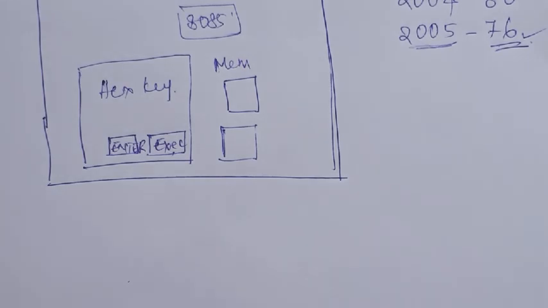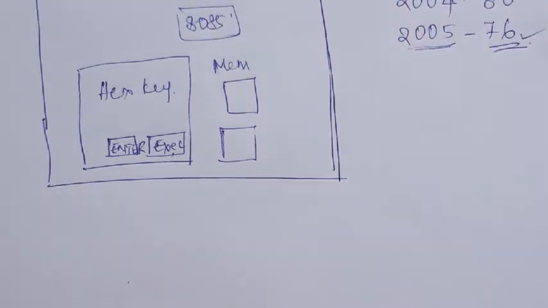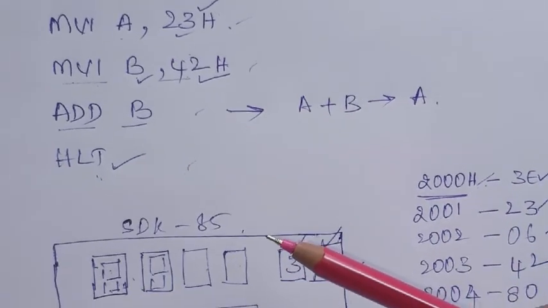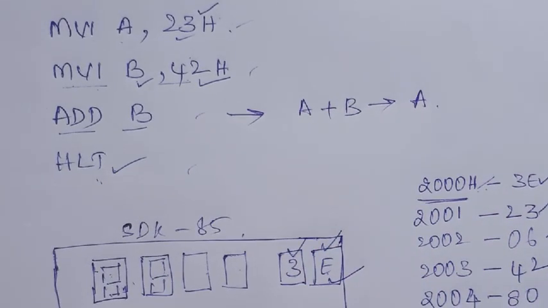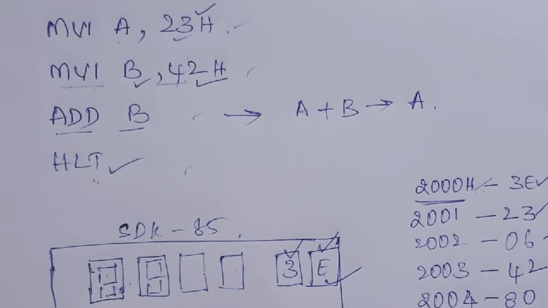Using that also you can execute the program on the PC. There you will not enter codes; you will write the program instructions, then say assemble and then execute. Then you can view the result. After execution it will show you all the register contents, so you can verify your result.